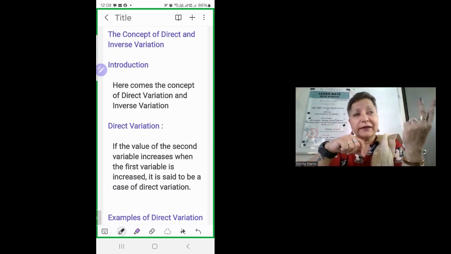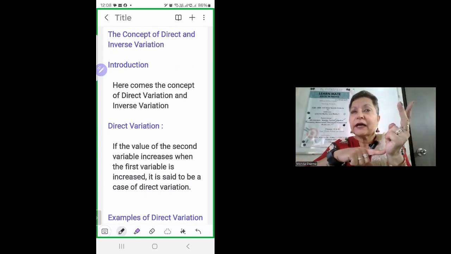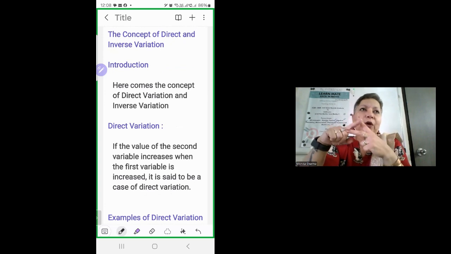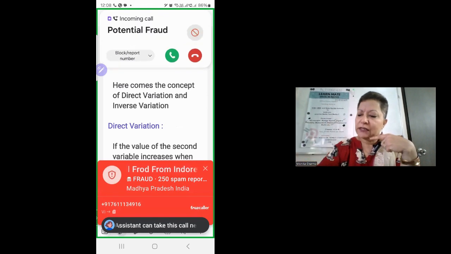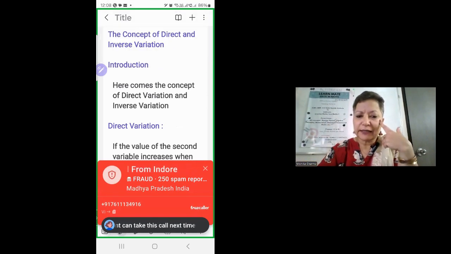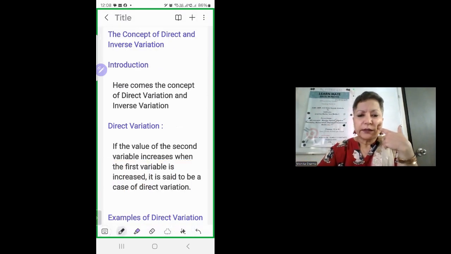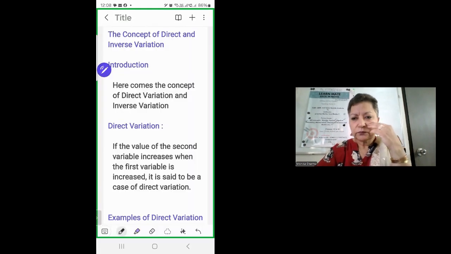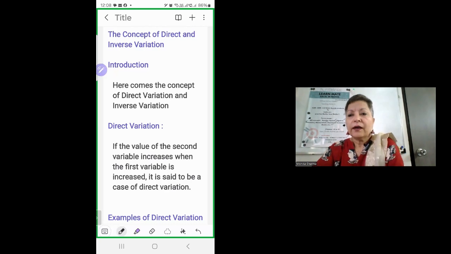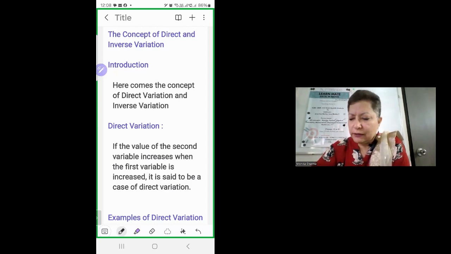In the first case, we had the car doing some kilometers in some hours. So if one variable, the number of hours, is increased, the number of kilometers also goes up.